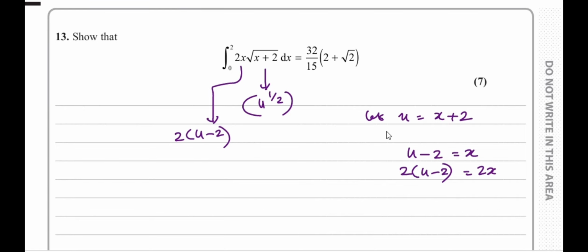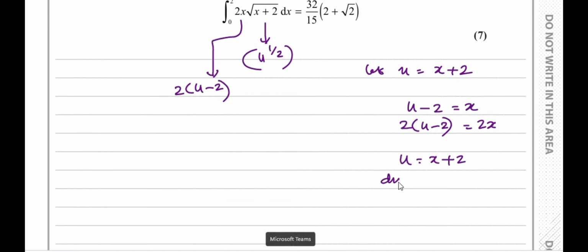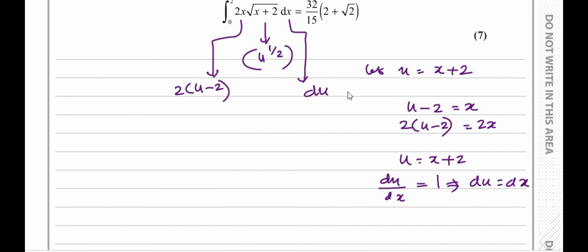Right. Now we need to find out what value of u will be equal to dx? For that, let's differentiate u is equal to x plus 2 with respect to x. So we write here du by dx is equal to 1, which means du is equal to dx. So very safe here. So we just write dx is equal to du.